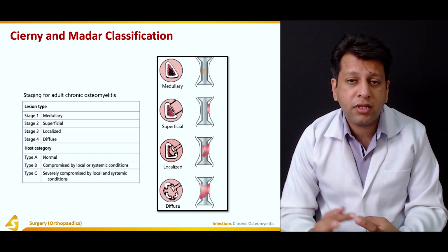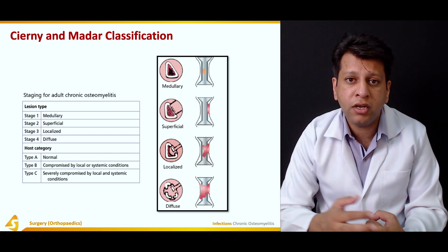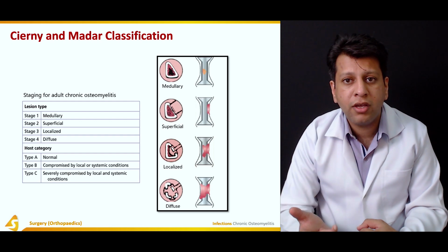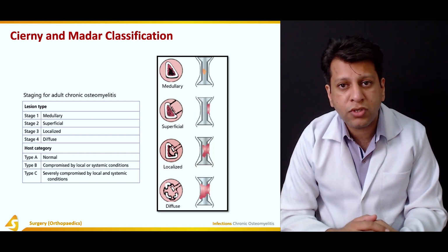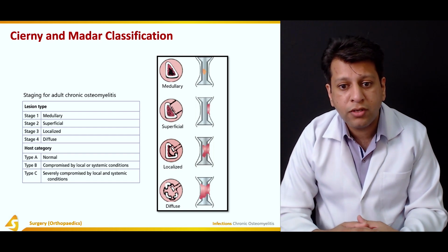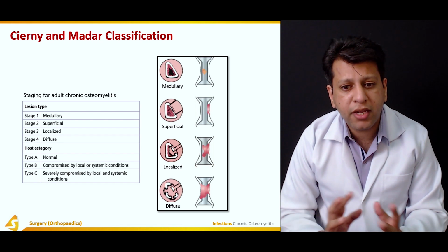Local systemic condition, as I just gave you an example or scenario, that there was a 42-year-old male who presented to us with a discharge. He's a smoker, he's alcoholic, and a nail was done for his tibia fracture, let's say 1 year ago. Then that is the kind of host which gets into a B category.